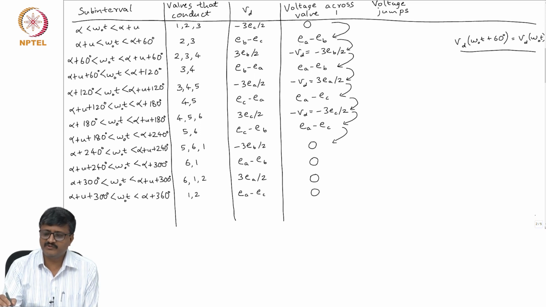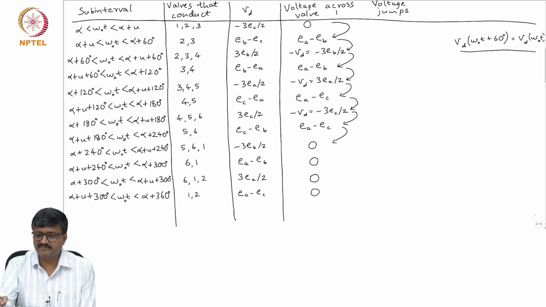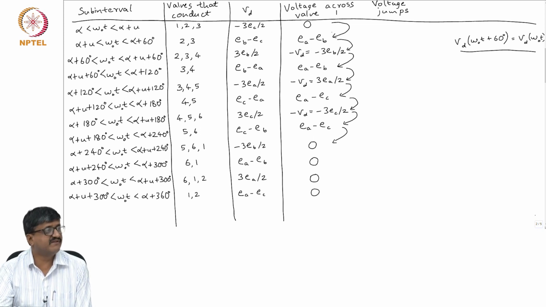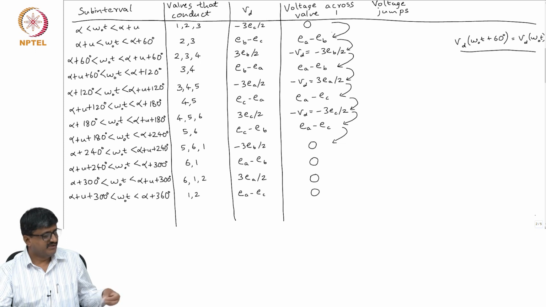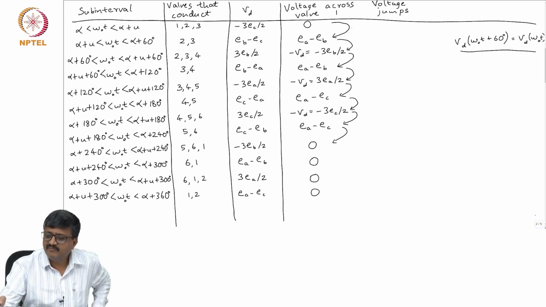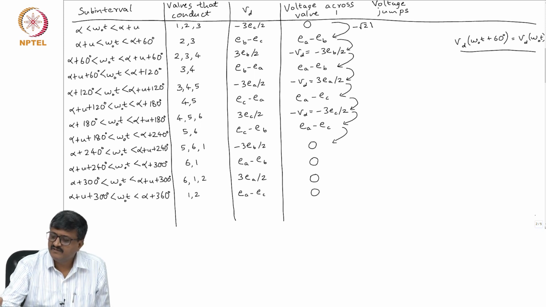What you have to do is take the expression for E A minus E B and substitute for omega o t. The first jump is at the end of the first subinterval, so alpha plus u. You just substitute alpha plus u for omega o t in the expression for E A minus E B. I will leave it to you to show that this is minus root 2 V sin(alpha plus u).